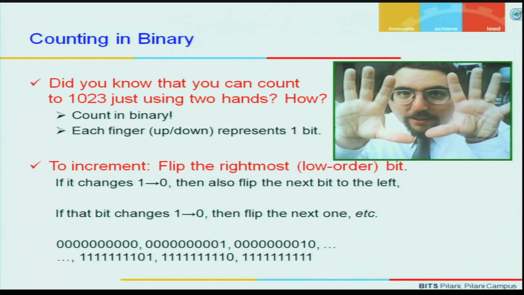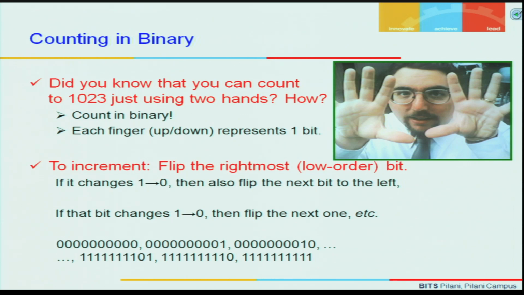Thinking that each finger represents a bit, you make a finger up if it is 1 and down when it is 0. Like that you get 1024 combinations, and that is how you can represent 1023 numbers using your 10 fingers.